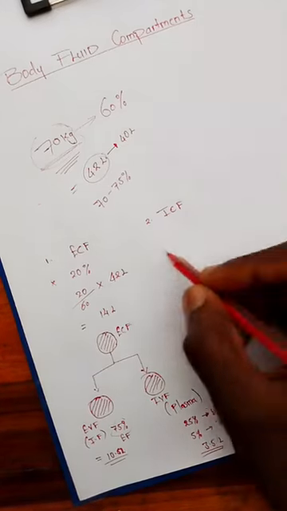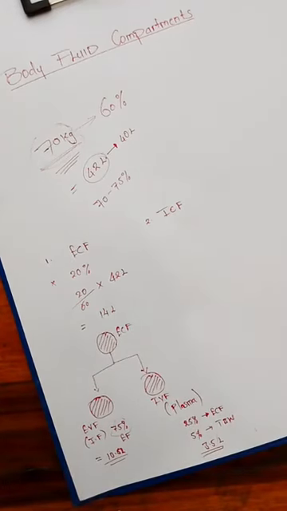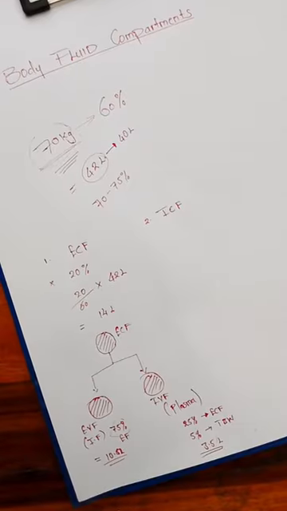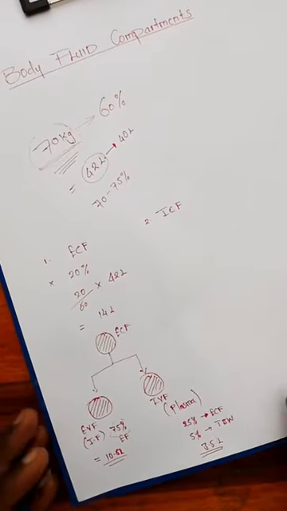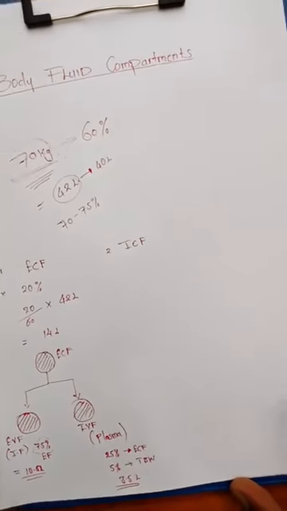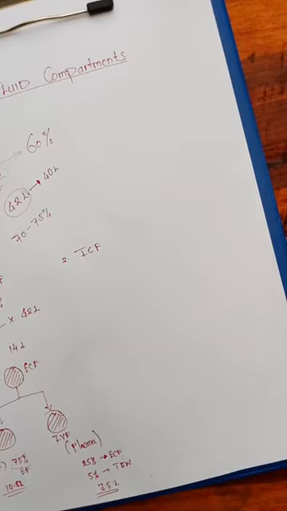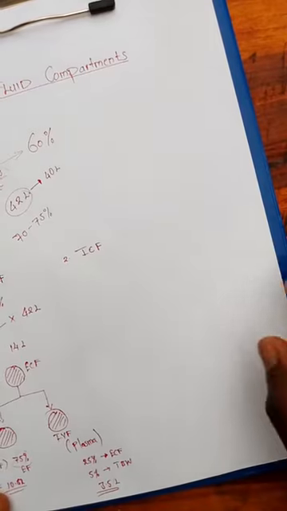Then on the part of the intracellular fluid, basically the intracellular fluid is the fluid found in the body cells. This fluid is not found outside the body cells, but on the inside of them.